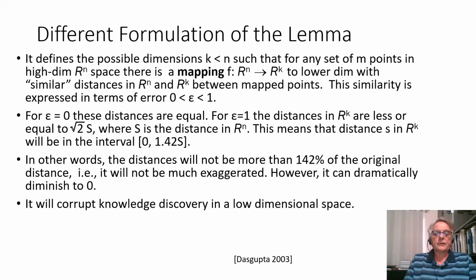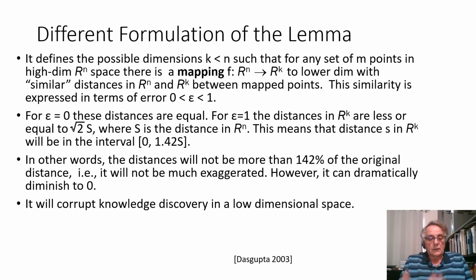The formulation of the lemma defines the possible dimensions k less than n such that for any set of m points in high-dimensional space, there is a mapping to the lower dimension space with similar distances between mapped points in both spaces. This similarity is expressed in terms of the error epsilon.